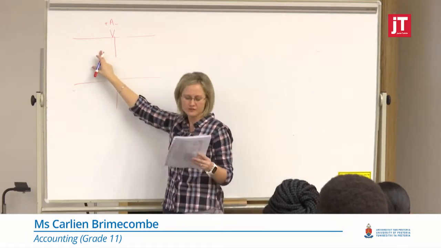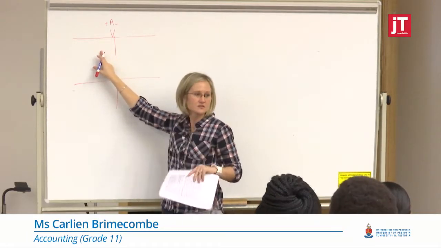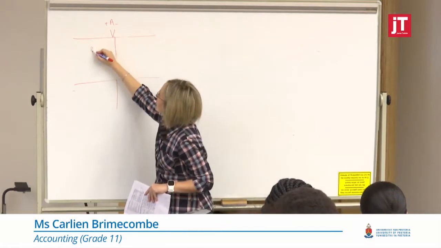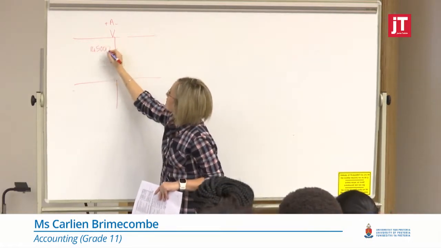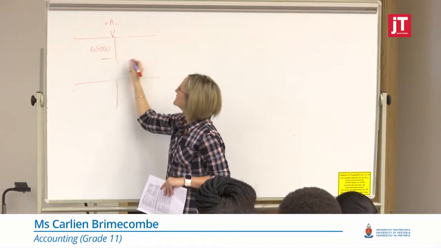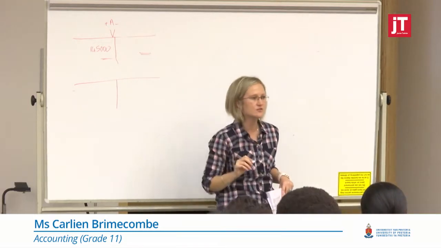If I bought a new vehicle, what will happen to my vehicles? With 145,000. The list of balances given to you on 28 February says vehicles 700,000. Is that the balance at the end or the beginning? It's the balance at the end.